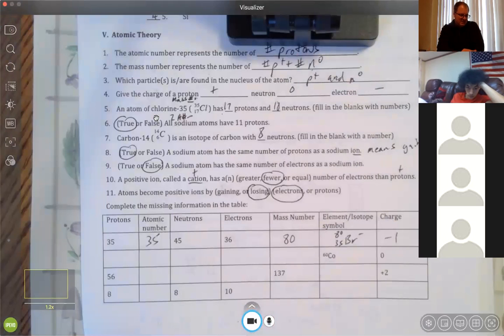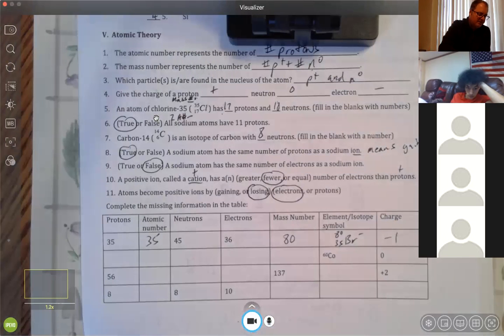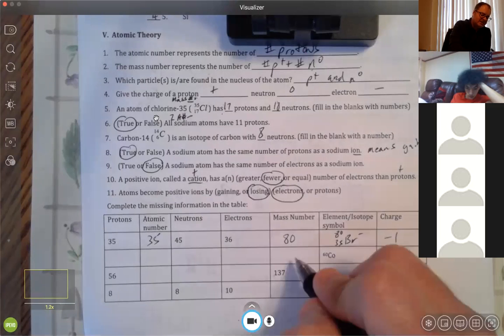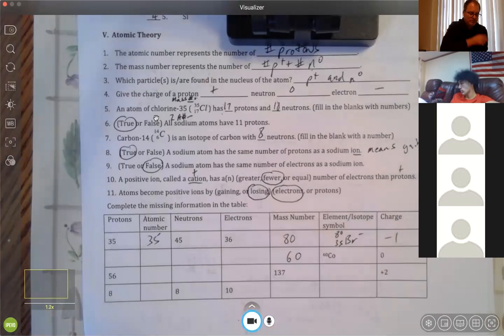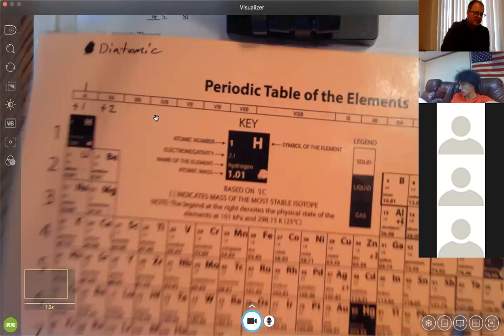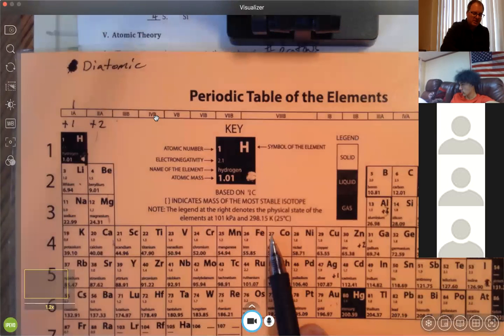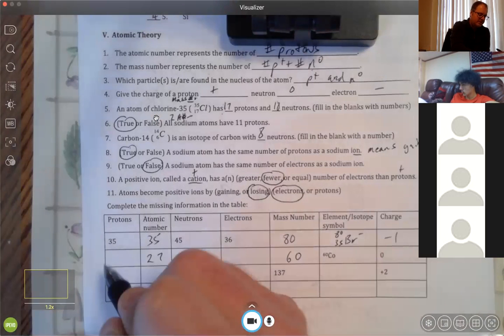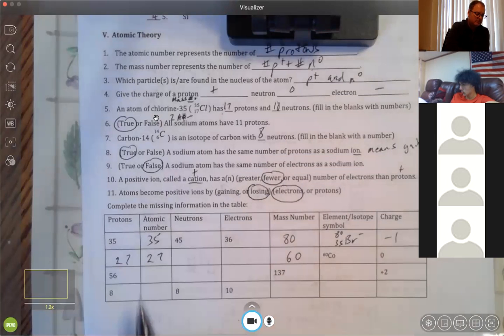Then we've got this, a nice big graph. They give us a bit of information. Here, cobalt 60 has no charge. But we said that that 60 up top is the mass number. It's cobalt, so we can look at the periodic table and find the atomic number, which is 27. The atomic number is equal to the number of protons, which is 27.